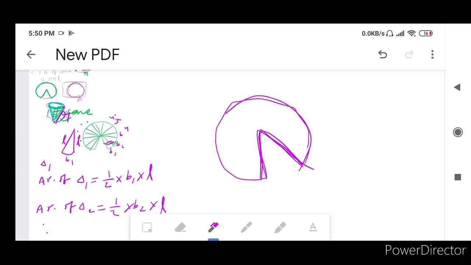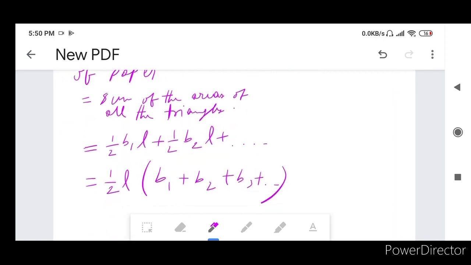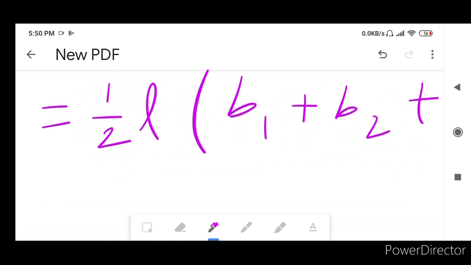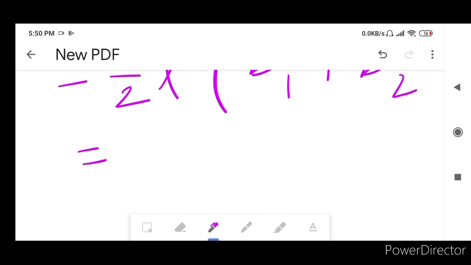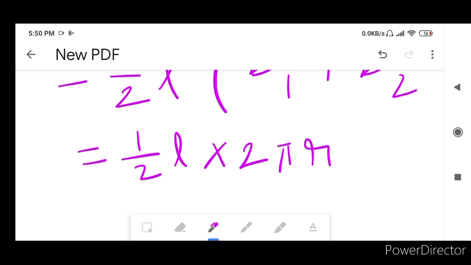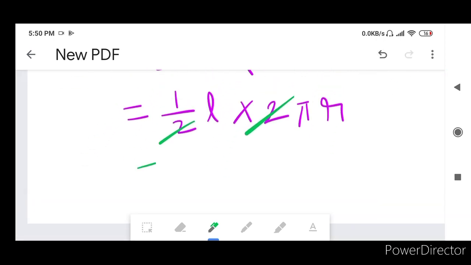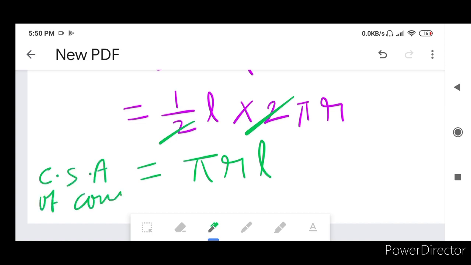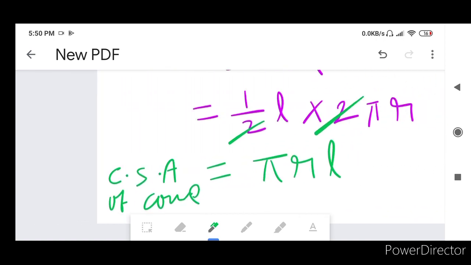It would be 2 pi r. So the area is equal to half into L into 2 pi r. Now if I do some calculation here, the 2 and 2 get cancelled and we are left with pi r L. So this is the formula for the curved surface area of a cone.